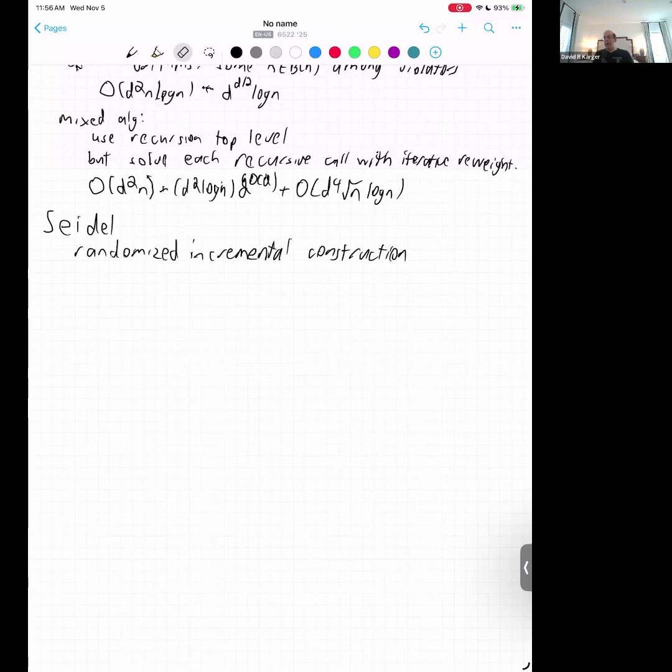So there are two pieces to this idea. As with any randomized incremental construction, there's the hope that you don't have to update too often, and then there's the question of how much work you have to do to update.